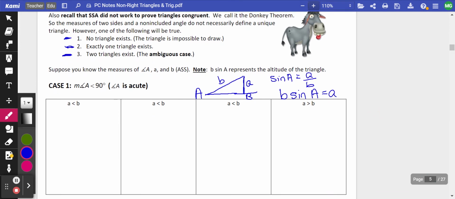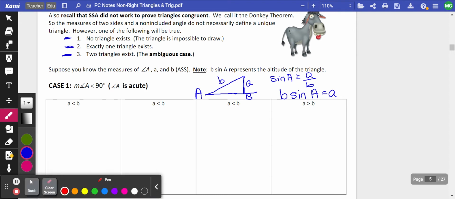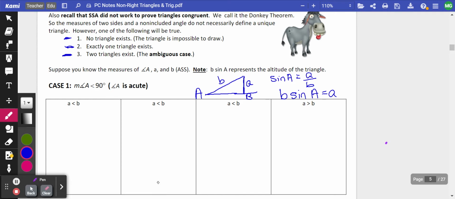So if you look at what I have drawn here, I just drew a right triangle and I wrote out SOHCAHTOA: sine equals opposite over hypotenuse, cosine and tangent, you know those. I'm calling this the right angle. So we get that the sine of A equals a over the hypotenuse, which is b.